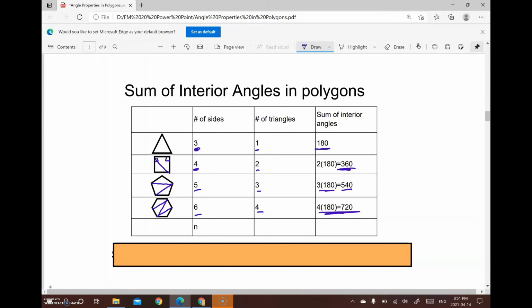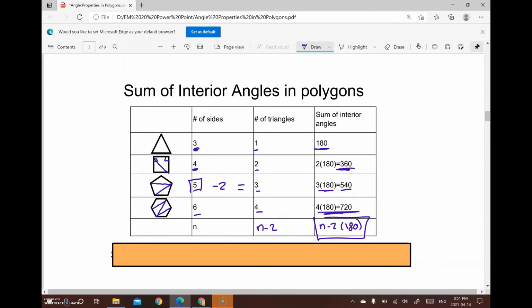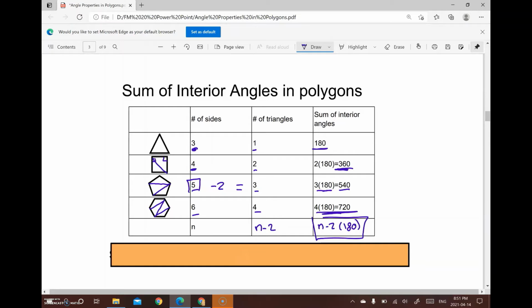Our pattern here is that whatever the number of sides is, if we subtract 2, we get the number of triangles. So n subtract 2 would give me the amount of triangles. So if I wanted to figure out the sum of interior angles, I would take n subtract 2 and times it by 180. This here would be your formula, and I'd like you to write that down.